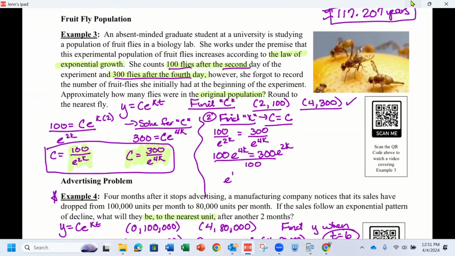So I have e to the 4k is equal to 3e to the 2k. Now I have an e on the left and an e on the right. So I want to bring that e to the 2k over. So I'm going to divide both sides by e to the 2k. So I have e to the 4k divided by e to the 2k is equal to 3.